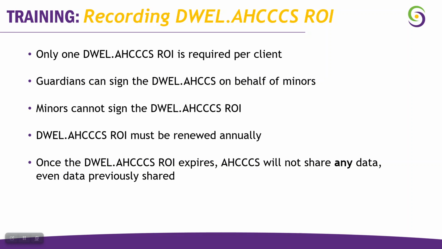As a note, guardians can sign the DWEL access ROI on behalf of minors. Minors under 18 cannot sign the DWEL access ROI themselves. In addition, and we mentioned this once before, the DWEL access ROI must be renewed annually. So after 1 year, it no longer is valid, and then you have to have that client re-sign that ROI.